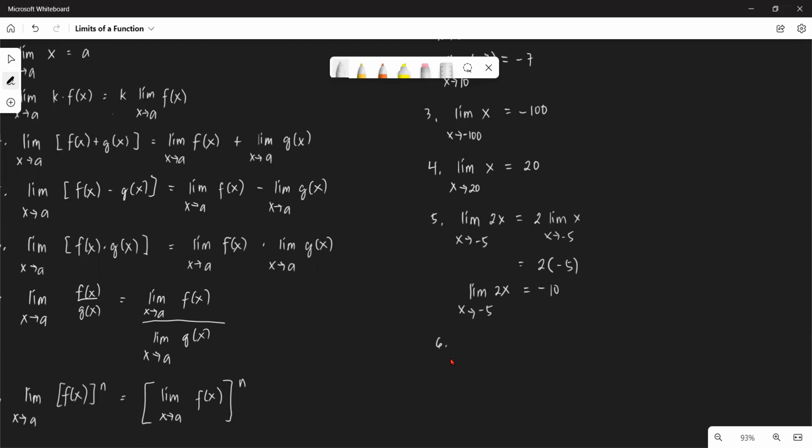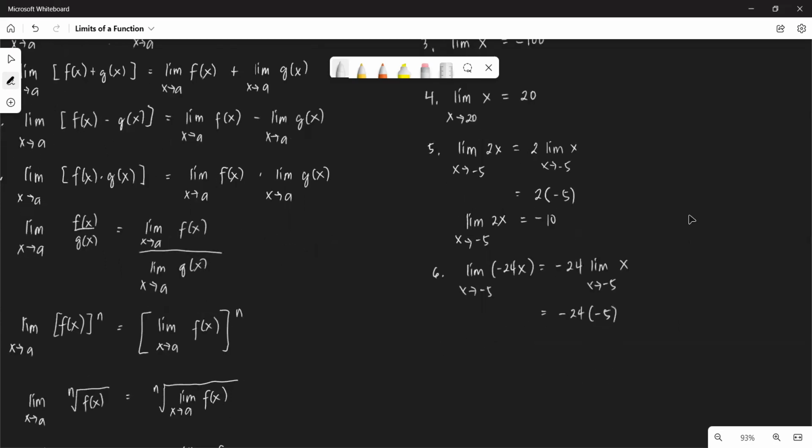Next is, let's say, limit of -24x as x approaches -5. So same thing, you write the constant and multiply it to the limit of x as x approaches -5. Or that's -24 times -5, because the limit of x as x approaches -5 is -5.